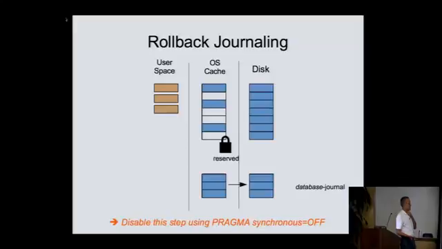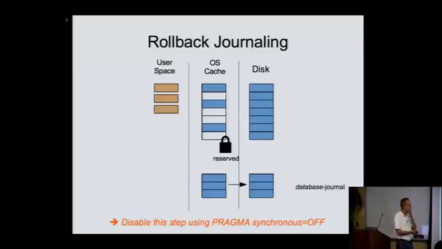Now we're ready to commit. So the first thing we have to do is fsync or flush the rollback journal to disk. This is important because if you lose power, that stuff's got to be there in order to recover. Sometimes people don't care about recovering after a power failure, in which case you can turn that step off. And you know what?